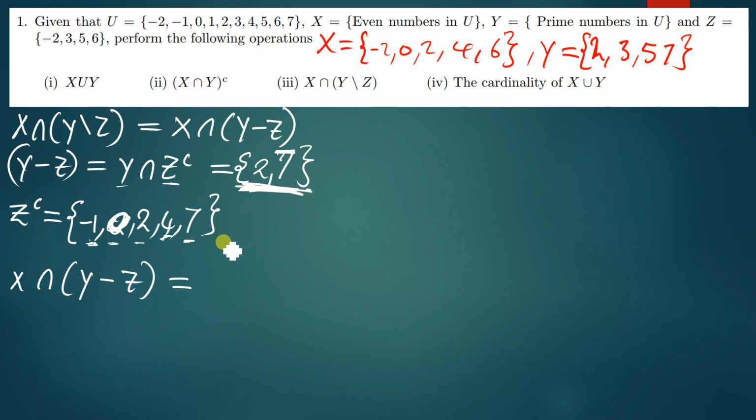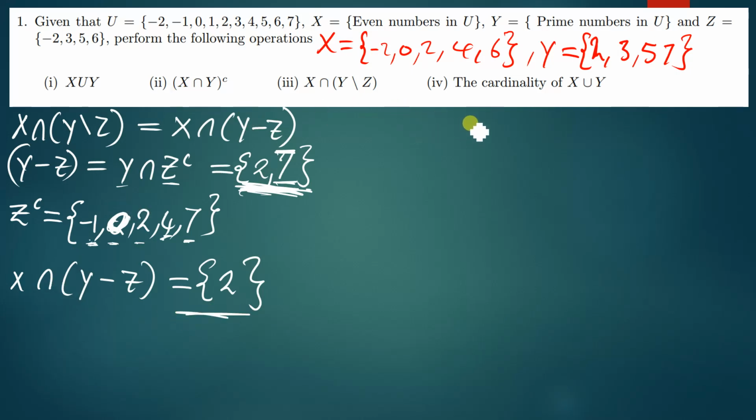Now let us find the common elements between this set here and the set x. So we have 2 in x, and then we also have 2 in y minus z. So 2 is common. Do we have 7 in x? We don't. So 2 is the only common element. So 2 is the solution to that.